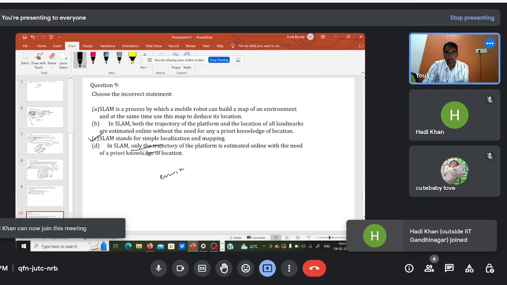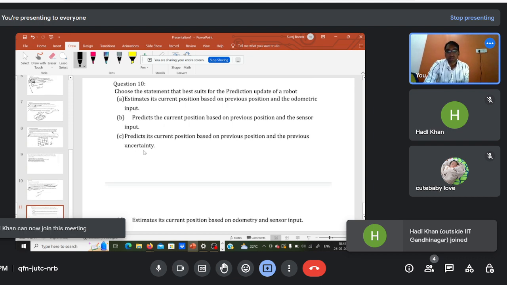If it is only the trajectory, then it is just localization, not simultaneous localization and mapping. So C is wrong, and D is also wrong. Both trajectory and location of all landmarks is right, it is not a false statement; map also and location also. So the false statements are C and D.